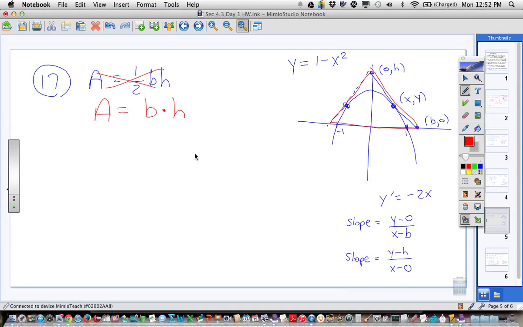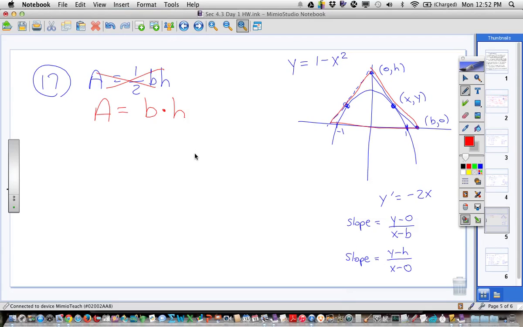So the base is 2b times the height, and then divide by 2. So the 2's would cancel. So the area of my red triangle, the way I've labeled it, is actually just b times h. Okay? I've done this before where I labeled this point 1/2 b, right? But then it just gets messier because it's got fractions and stuff. So I'd rather just do it this way.